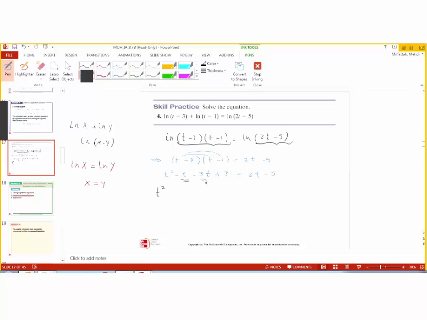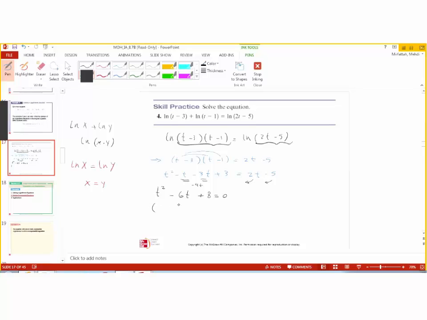It would be t squared minus 4t plus 3, and then minus 2t, which gives minus 6t. Is that right? And then here we can add 5, and you have plus 5. That would be 8.